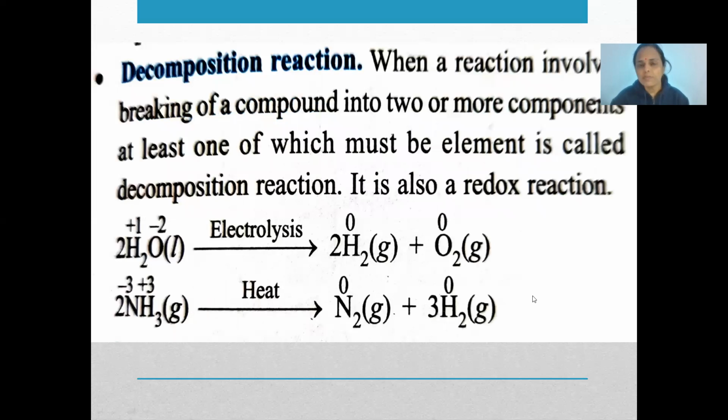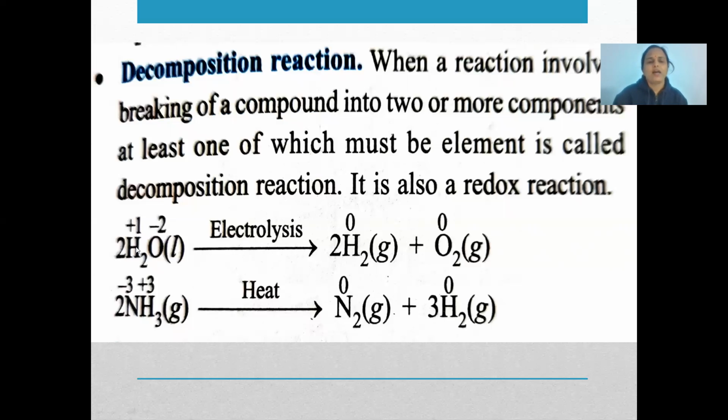Next, I come to decomposition reaction. In a decomposition reaction, a compound breaks into two or more components, at least one of which must be an element. And it's also a case of redox reaction. You can take the example of water. It undergoes electrolysis and a decomposition reaction takes place, resulting in the formation of hydrogen plus oxygen.